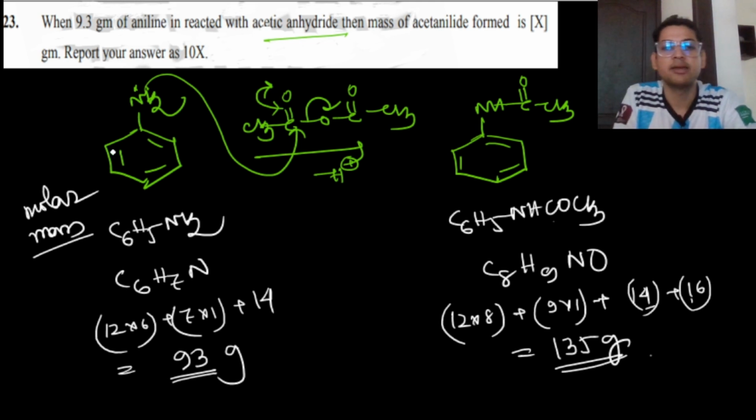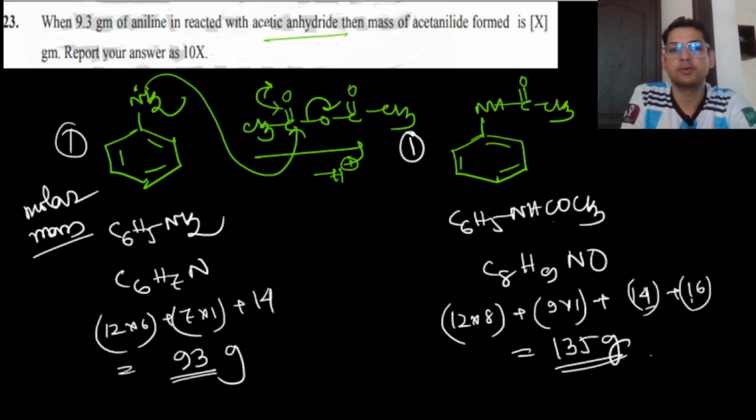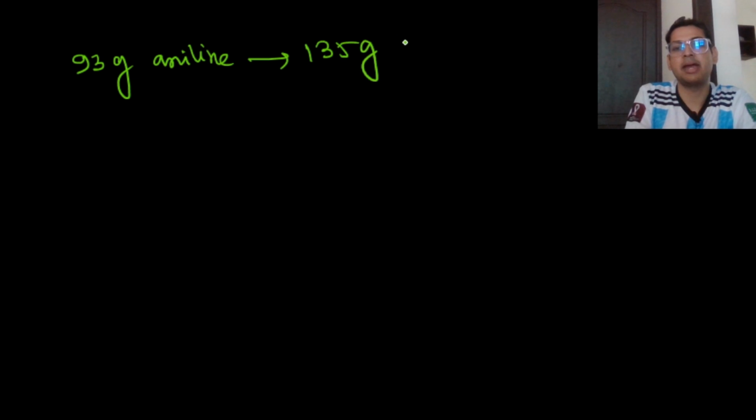So very easy. From 1 mole you are getting 1 mole. So from 9.3, I can do it this way: 93 gram aniline gives 135 gram acetanilide.